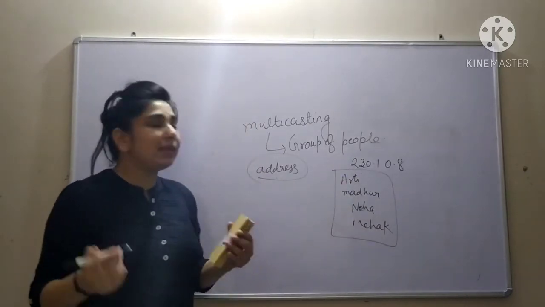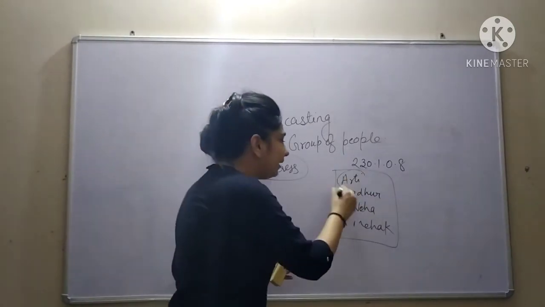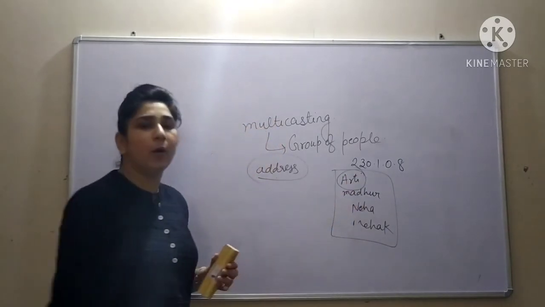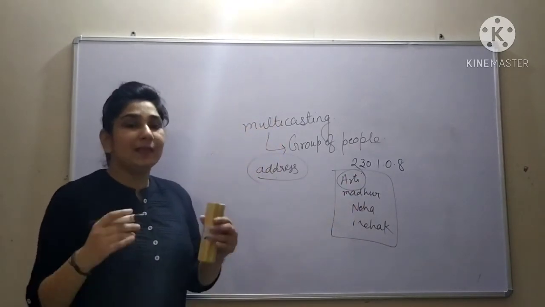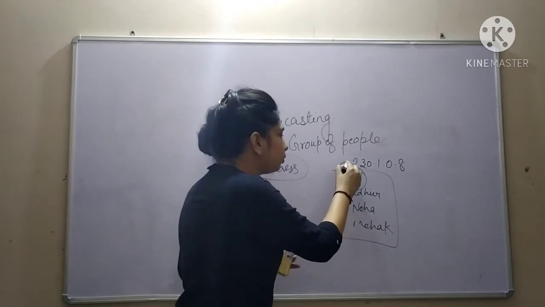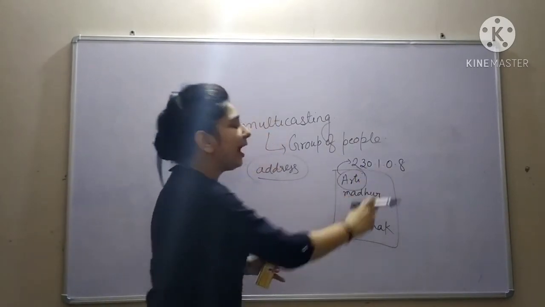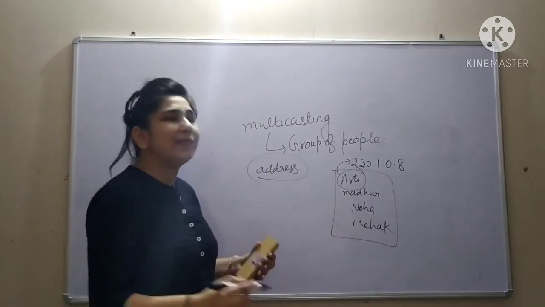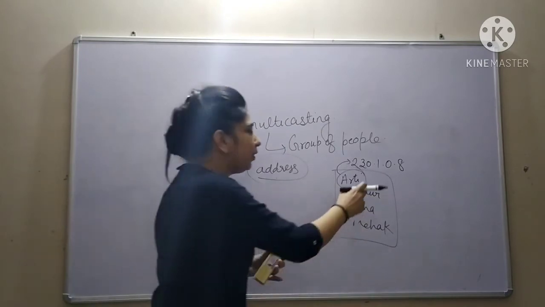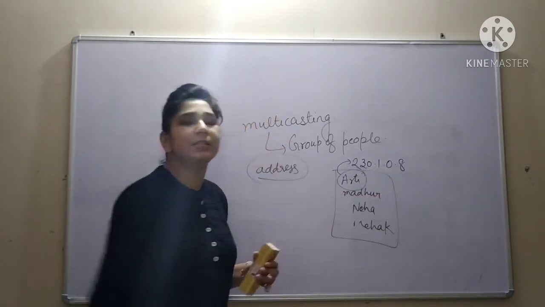So let's suppose I am writing a message on this multicasting group. Firstly the message is going to go to this multicasting IP address. We have a destination IP address in which we can write the multicasting destination IP.